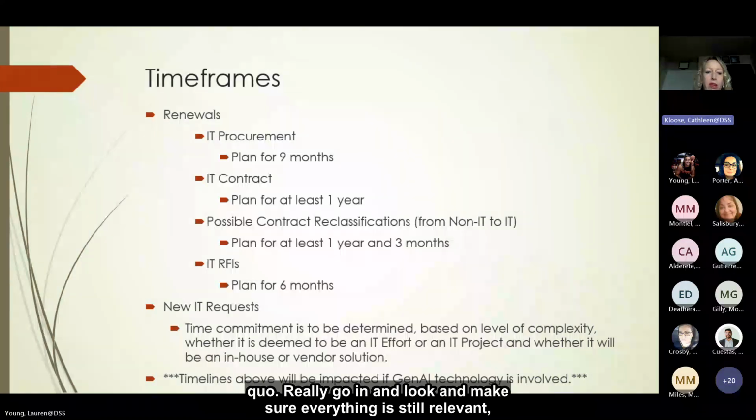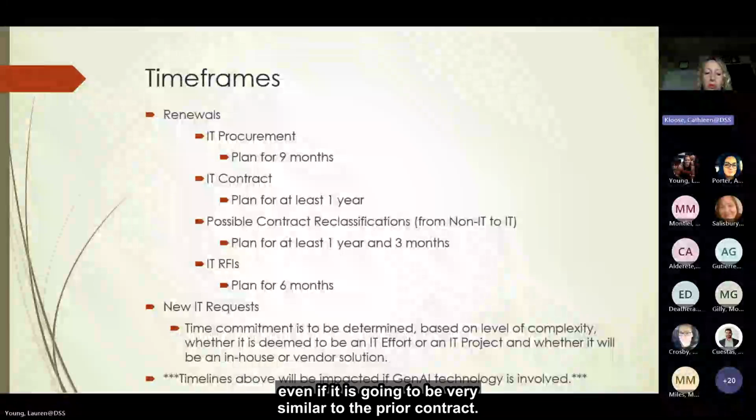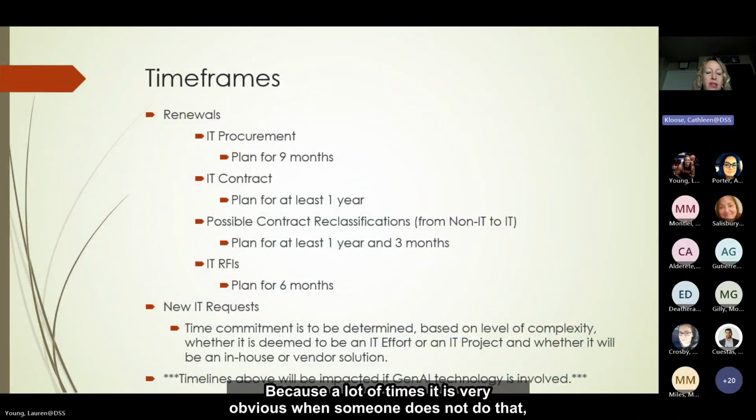Really go in and make sure everything's still relevant. If there's anything that needs to be enhanced, even if it's going to be very similar to the prior contract, do it, because a lot of times it's very obvious when someone doesn't do that, because there are things that are outdated or not relevant anymore.